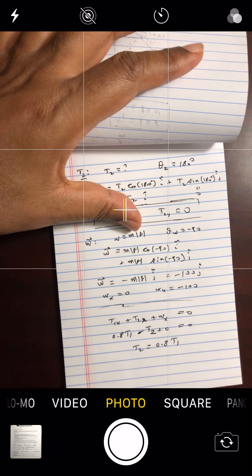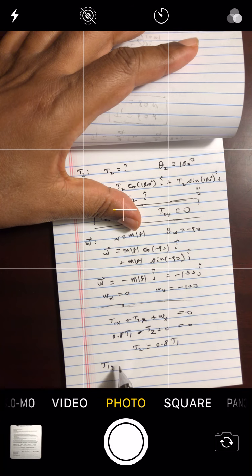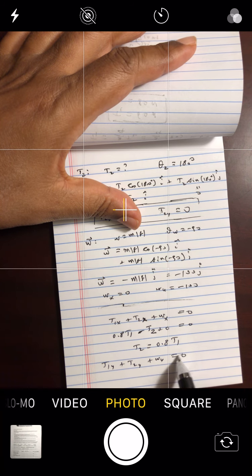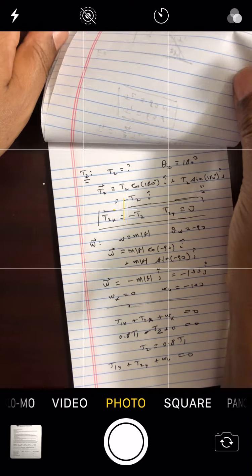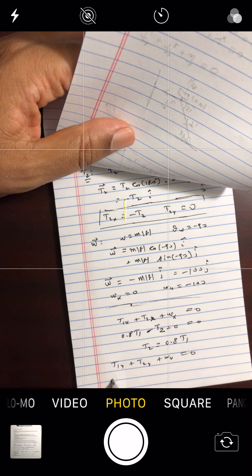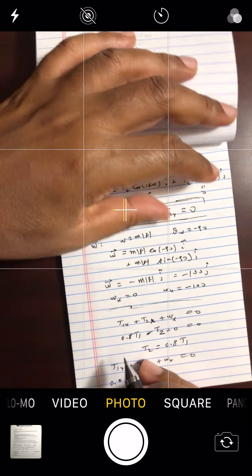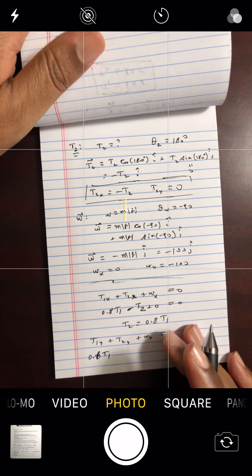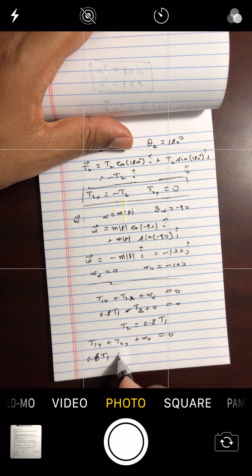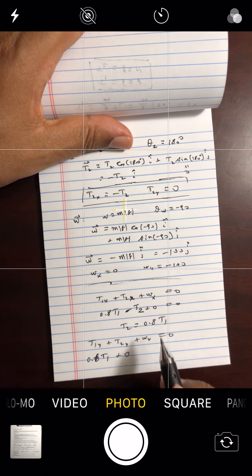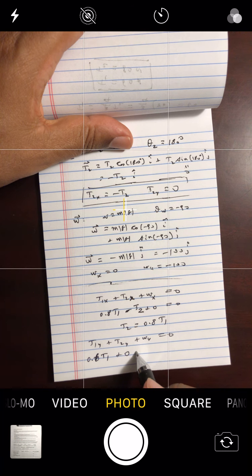Now let's look at the y equation. T1y plus T2y plus Wy equals 0. T1y is 0.6 T1, and T2y is 0. Okay, how about Wy is minus 100. Okay, minus 100 equals 0.